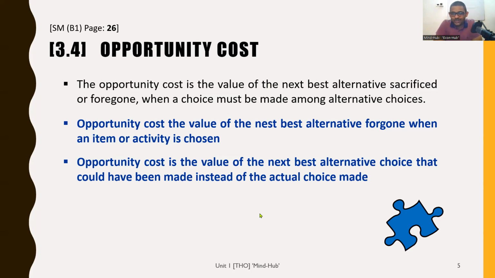Good, thank you for that. Now, opportunity cost is the value of the... now I'm going through the first part of the definition. The second part of the definition looks at the characteristics, so we'll learn it that way. Opportunity cost is the value of the next best alternative sacrificed or foregone.